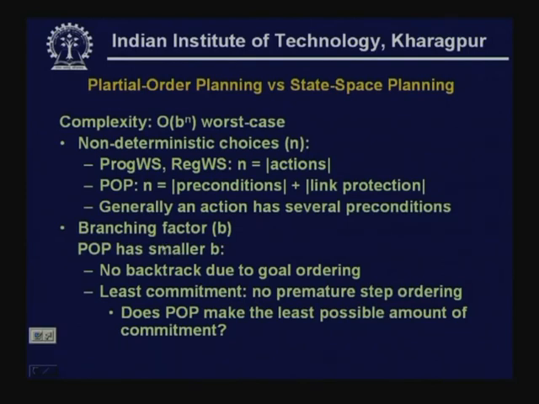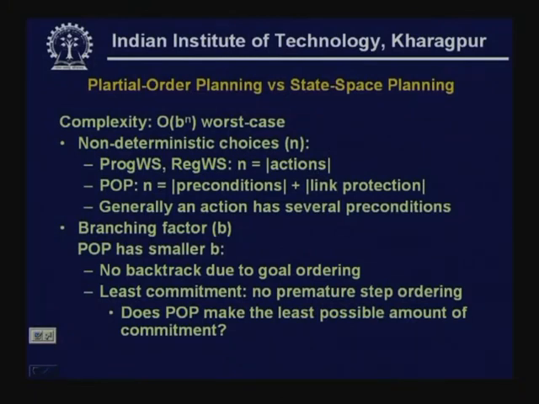Now, if we look at the branching factor, POP usually has a smaller value, but the main advantage of POP is that we have no backtrack due to goal ordering. We have a backtrack when we have to satisfy an open condition, as there could be more than one action which satisfies the precondition. So, there is a choice point.